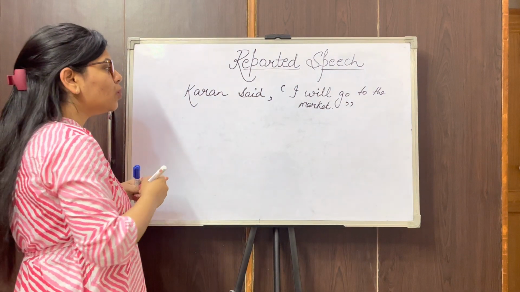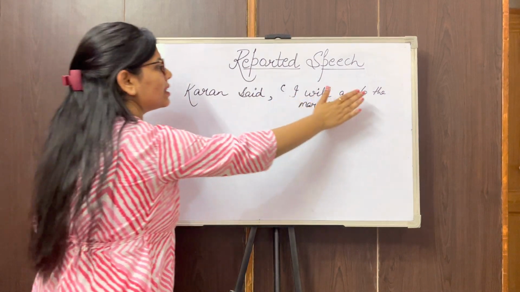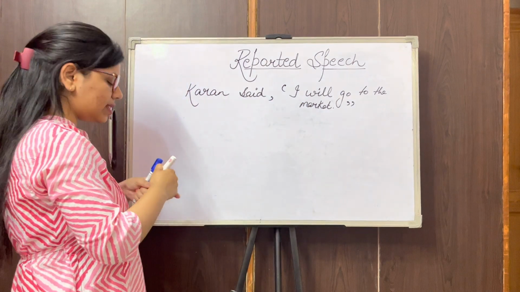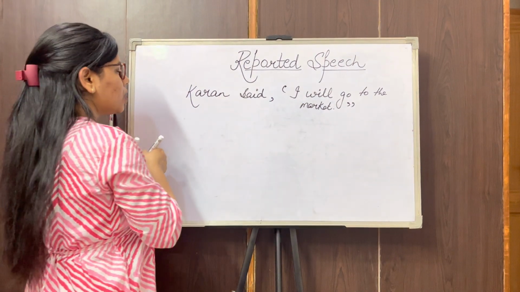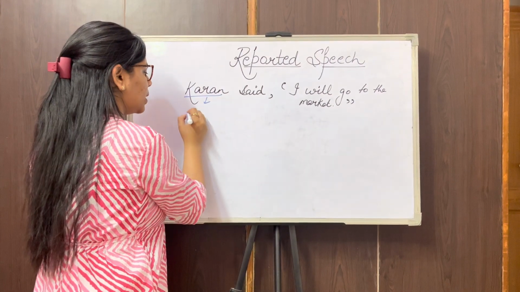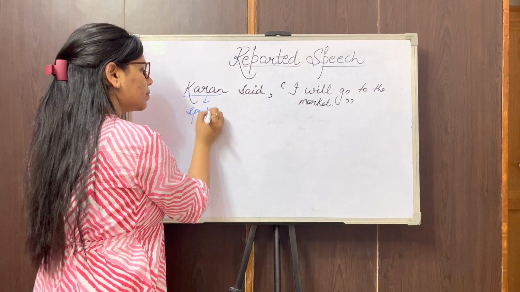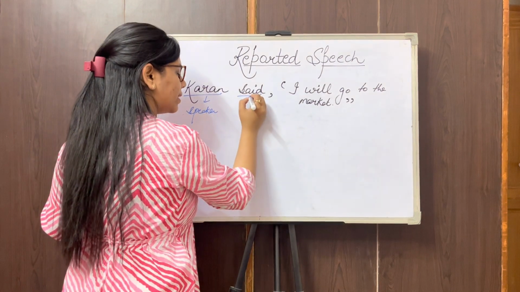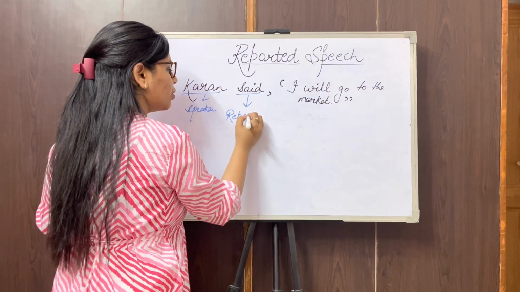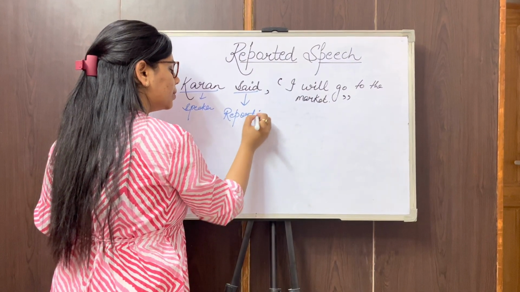Okay, so now this is the sentence that Karan had said. Now let's first understand the different components. First we have Karan, which is the speaker. Then we have said, and this is very important. This is your reporting verb.